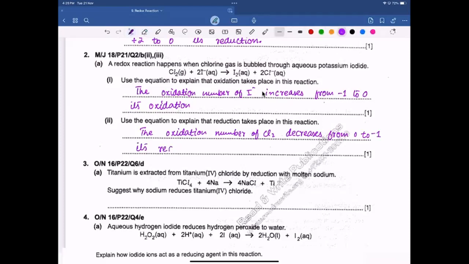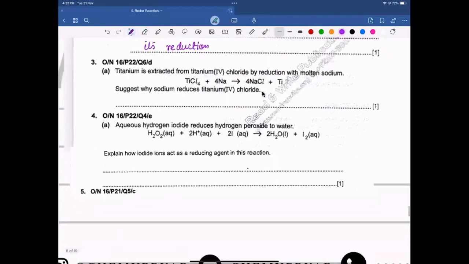Okay, who is going to tell me the answer of 3A? Because sodium is the oxidizing. Sodium reduces titanium, so it means sodium is, okay, you can, partially correct.